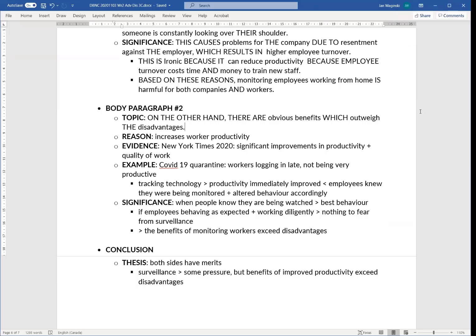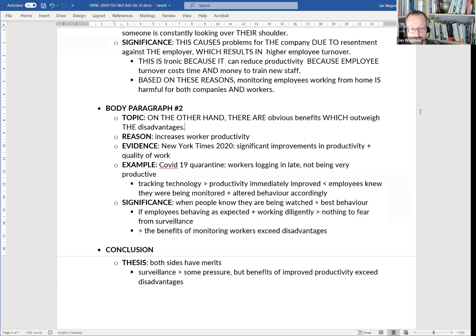Okay. This is the most efficient structure. Remember, this is not a university class. You're not writing this for a professor. You're not telling anyone what you really think in your heart. You're just writing an essay to demonstrate to the examiner that you understand essay structure. That's it. And that you can use proper English. We don't care about the content. The content is just doing this job, right?